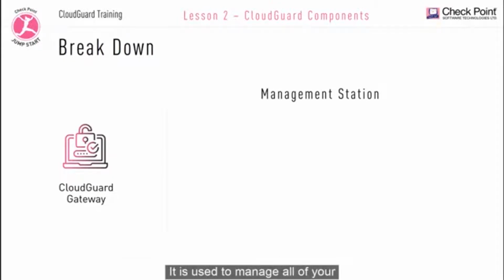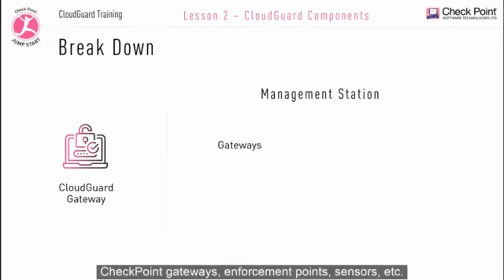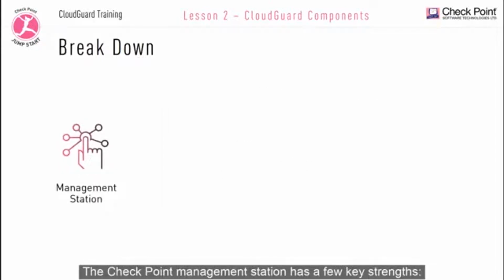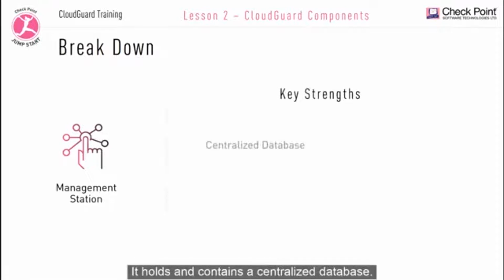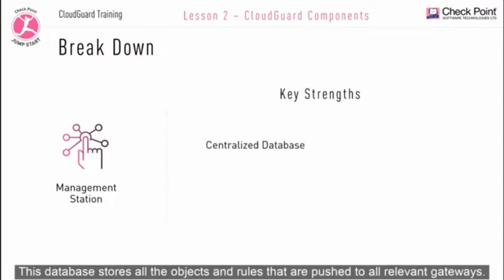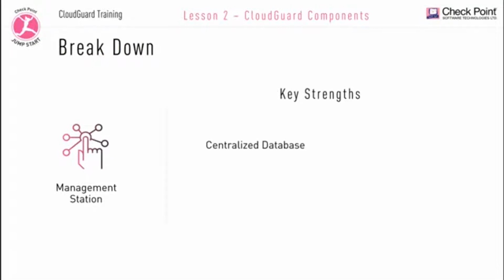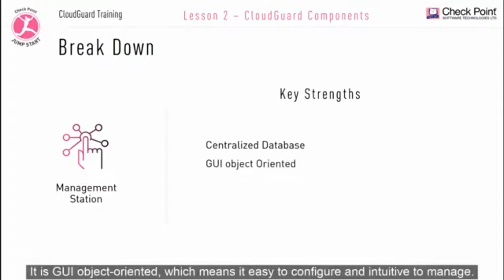It is used to manage all of your Check Point gateways, enforcement points, and sensors. The Check Point Management Station has a few key strengths. It holds and contains a centralized database. This database stores all the objects and rules that are pushed to all relevant gateways. It is a GUI object-oriented, which means it is easy to configure and intuitive to manage.